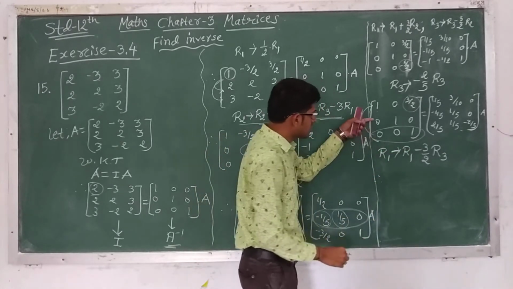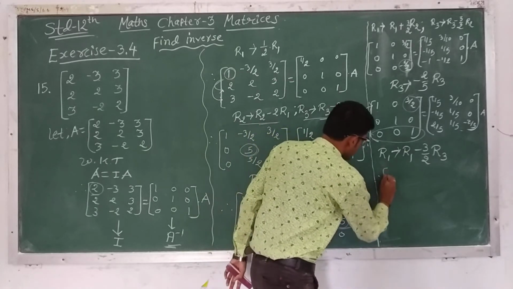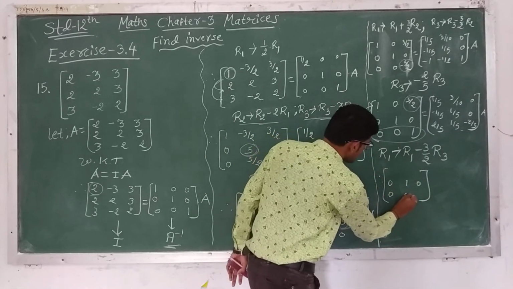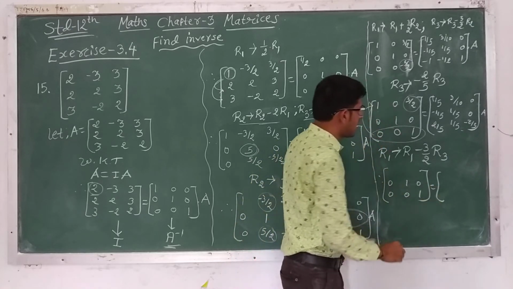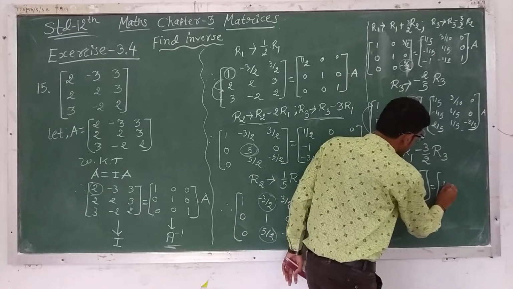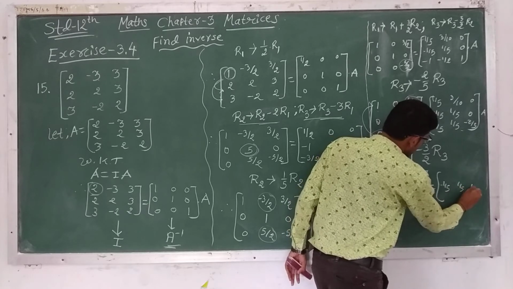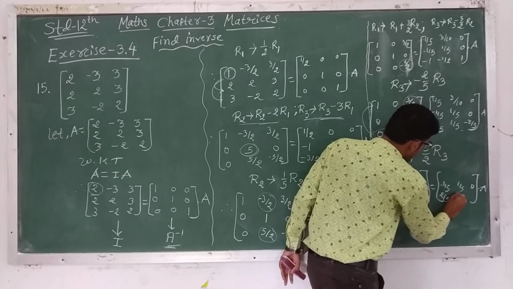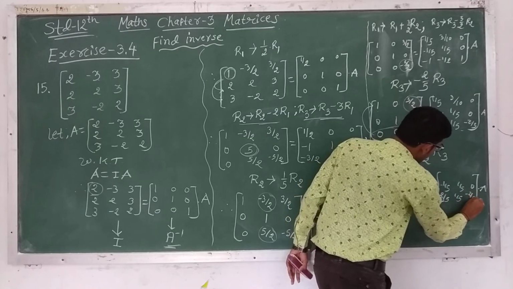Therefore the second and third rows stay as they are on both sides. So 0, 1, 0. Also here write down 0, 0, 1. Also write down the right hand side: minus 1 by 5, 1 by 5, 0, 2 by 5, 1 by 5, and minus 2 by 5.